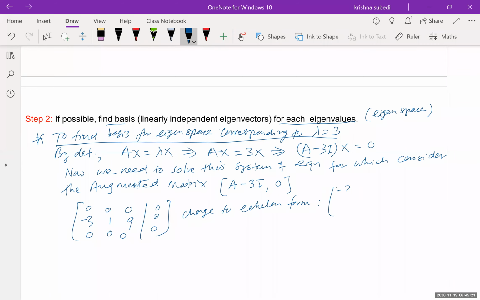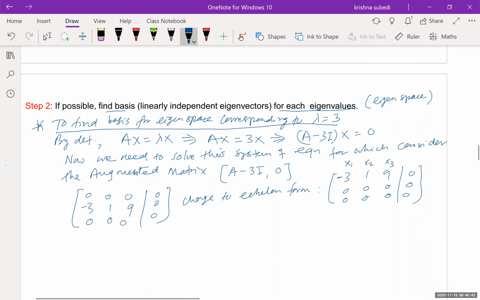So I'll write negative 3, 1, 9, 0 and 0, 0, 0, 0, 0, 0, 0, 0. This is in echelon form. Now we'll write what are the basic variables and what are the free variables. So x1 is the basic variable and x2 and x3 are free. So let us write the general solution then.